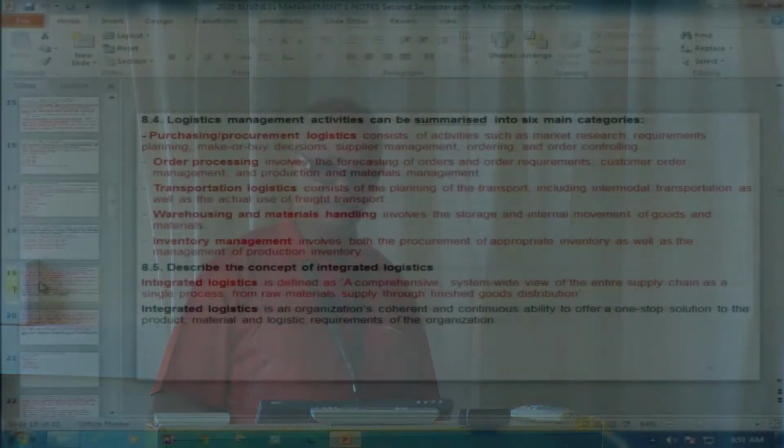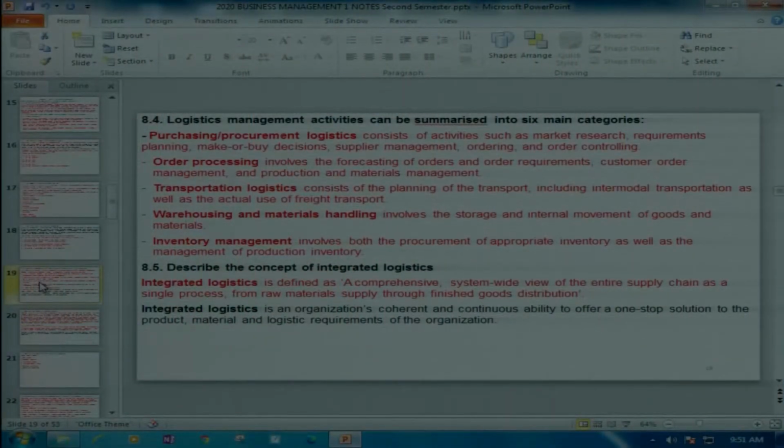Logistics management activities can be summarized into 6 main categories. Purchasing logistics, ordering process, transportation logistics, warehouse and materials handling, inventory management.